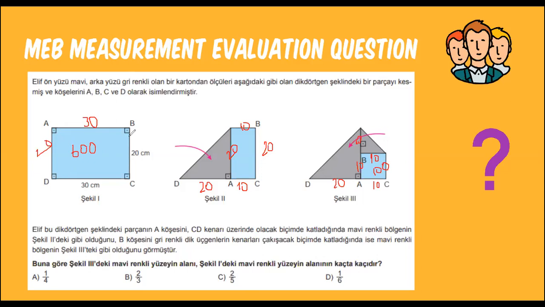You know the finding area of rectangle and square. Okay? Then 100 over 600 is equal to 1 over 6. Okay?